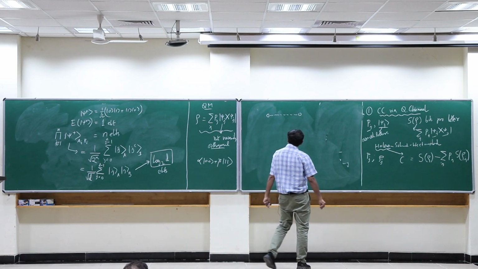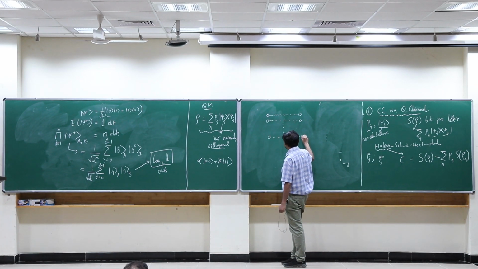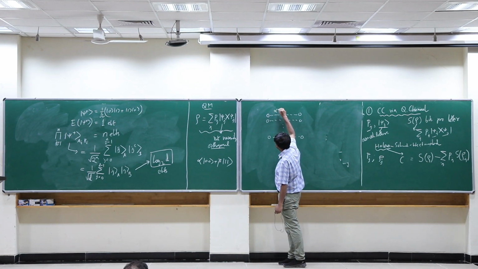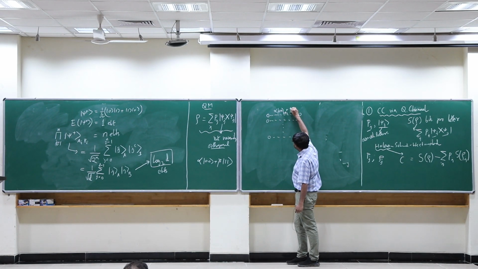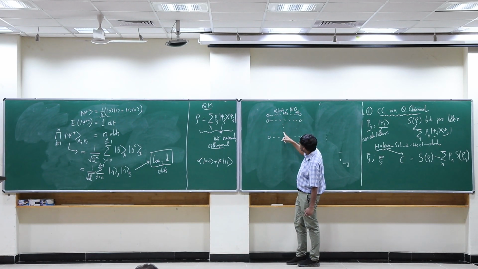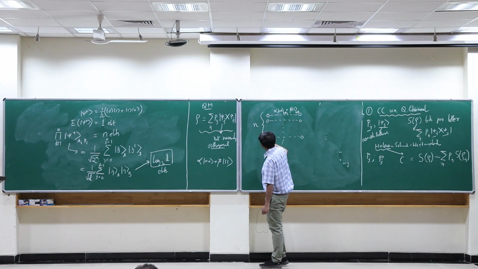Now we take many of those. Say we take n of those things. The first one is alpha 0 0 of a1 b1 plus beta 1 1 of a1 b1. Similarly, there will be a2 b2, and up to an bn. So there are n copies of these things.